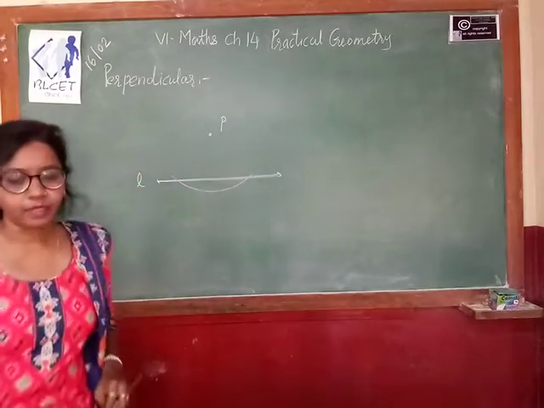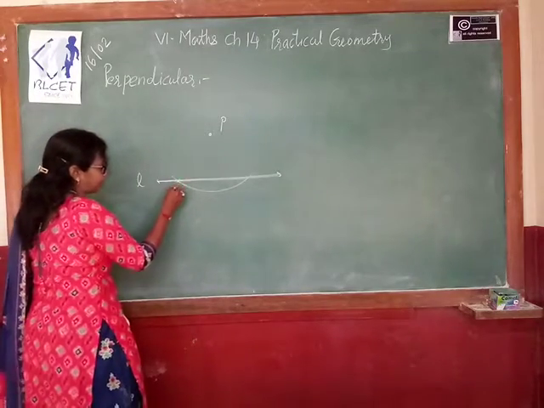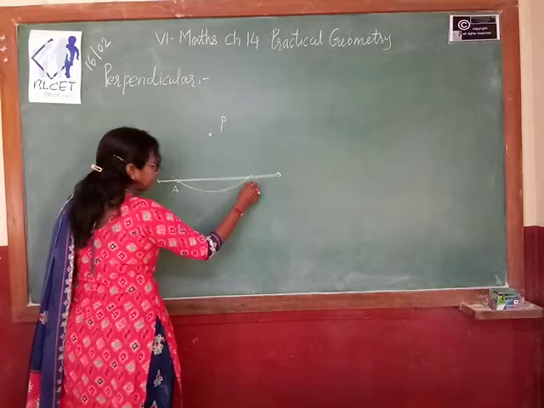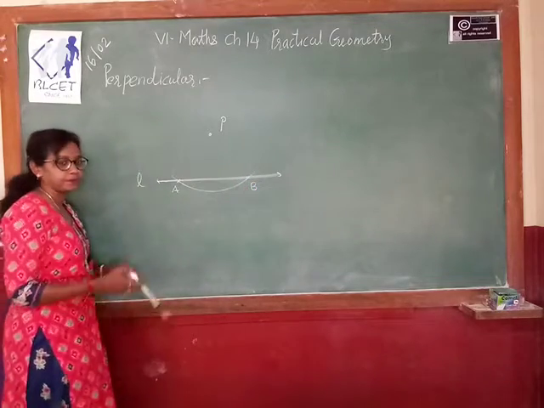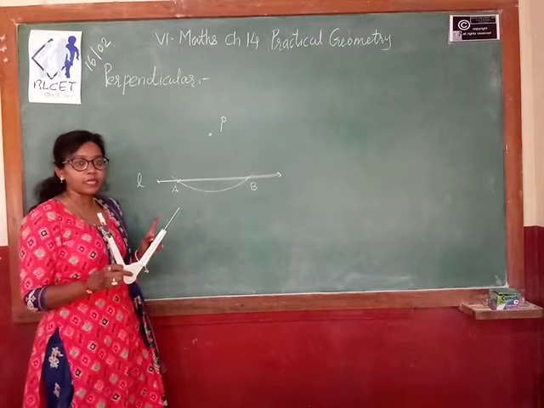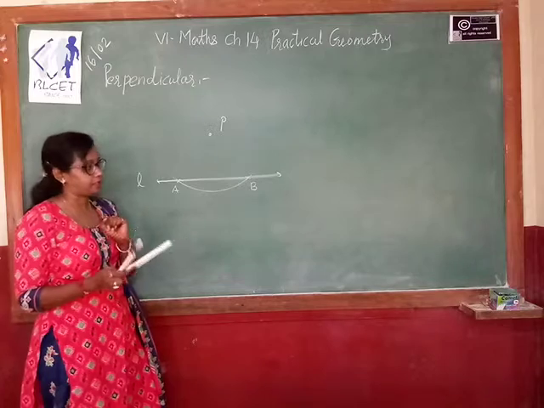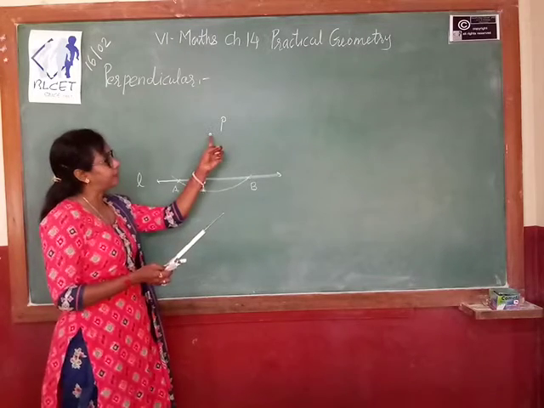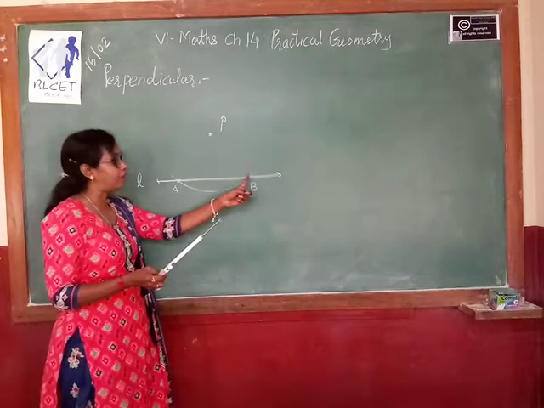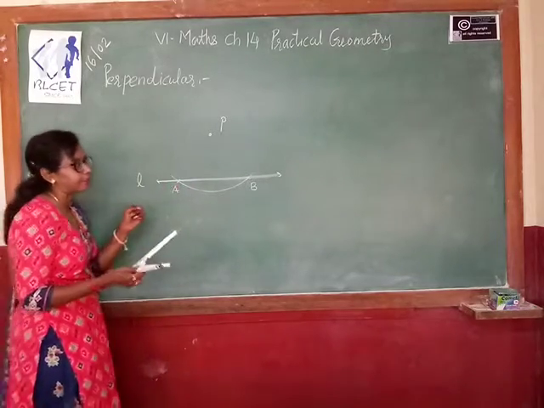So what happened, we are getting two points. Which points? Here intersecting point A, here intersecting point B. Now we will not change this measurement. Previously we took the measurement a little bit greater than the radius. But here, whatever center we take, P, and we have drawn two arcs on line L, that measurement we have to keep as it is.